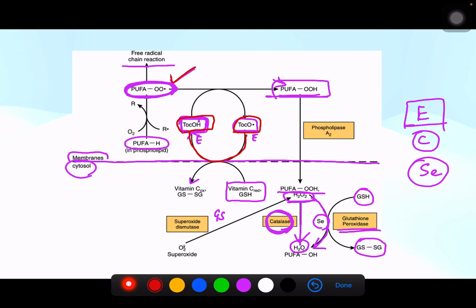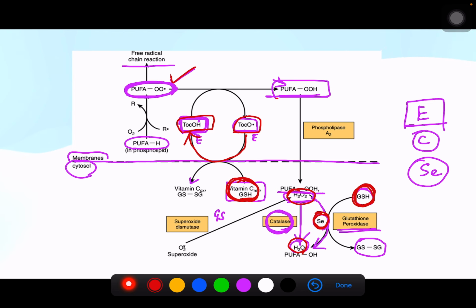That radical can be replenished with the help of vitamin C. Or whenever a free radical has entered inside the cytoplasm, the selenium can act on the hydrogen peroxide, converting it into water. And in this process, the reduced glutathione is what is helping. Also, to replenish vitamin C, you need reduced glutathione.